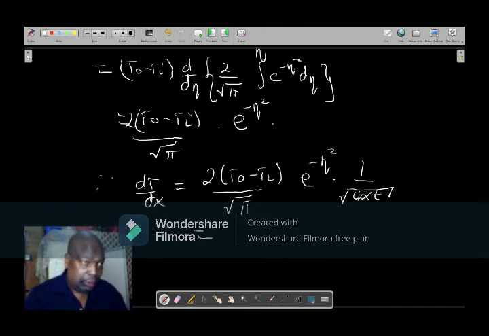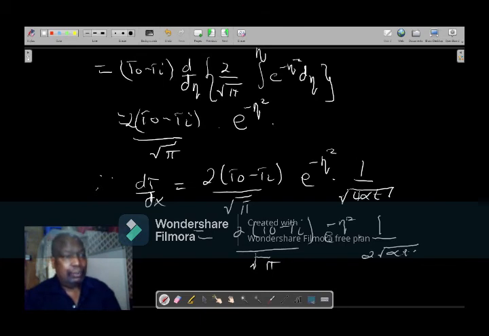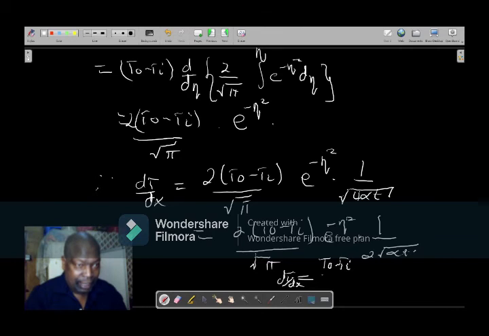This is the same as 1 over 2 square root of alpha t, and the 2 cancels out, so we're left with dT by dx equal to, I can put root of pi and root of alpha t together, (T naught minus Ti) divided by the square root of pi alpha t times e raised to the power of minus eta squared.